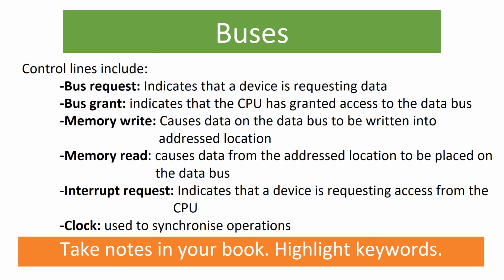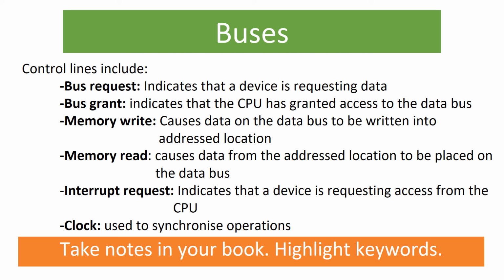Just imagine it's actually like a road. You can't have lots of different buses driving along it when there's only one track. You need to tell it, okay, you're free to pass. So think of it like a bit of a traffic light. It's allowing that input or output device to actually have access to that bus, the data bus in this case.